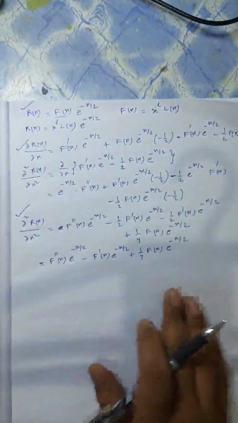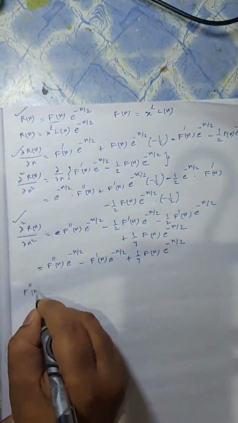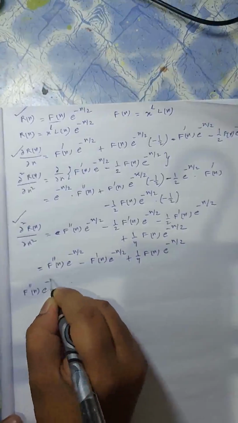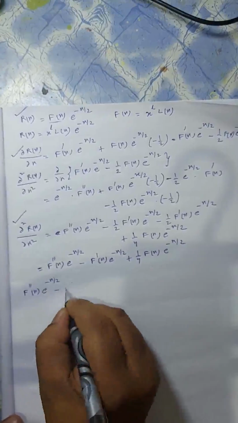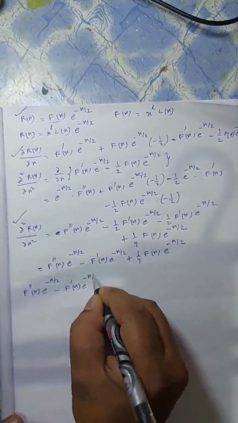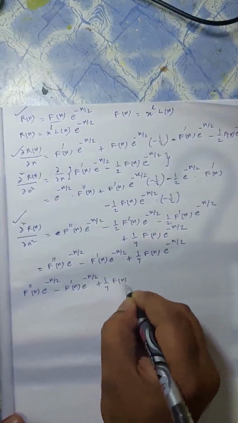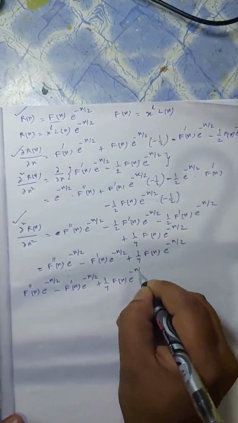I write this one, F''(x) e to the power minus x by 2 minus F'(x) e to the power minus x by 2 plus 1 by 4 F(x) e to the power minus x by 2.